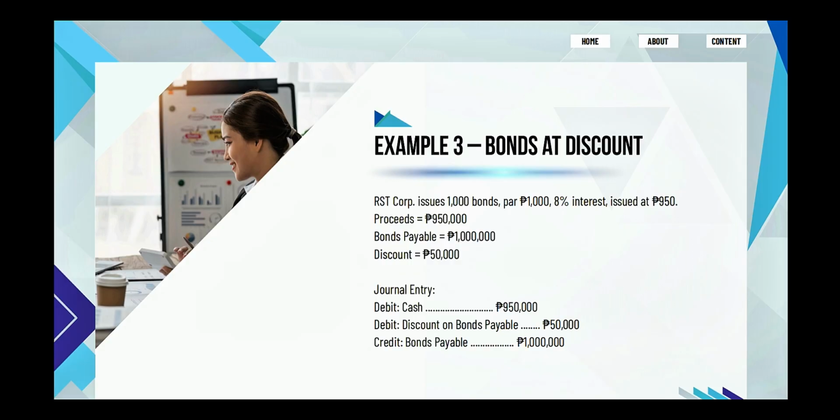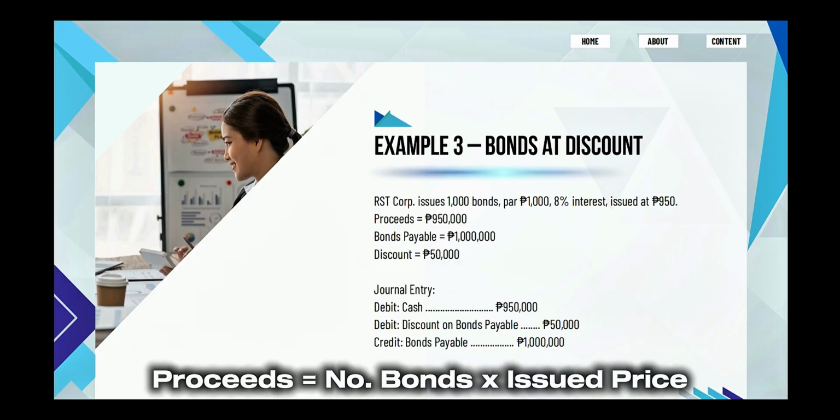Now, to make it clear, let's read this problem number 3. RST Corporation issues 1,000 bonds with a par value of 1,000 pesos with 8% interest and issued at 950 pesos. So take note, from 1,000 bonds per 1,000 par value, it is issued at 950 pesos.